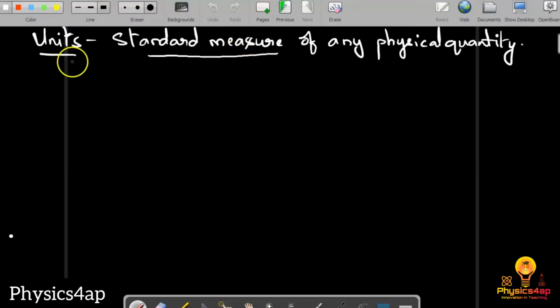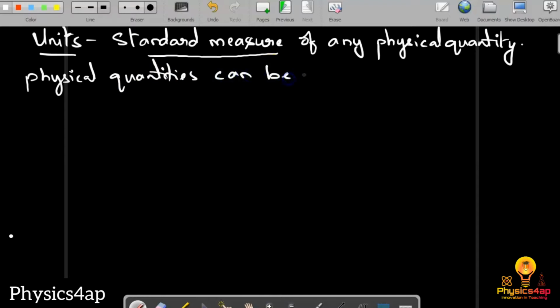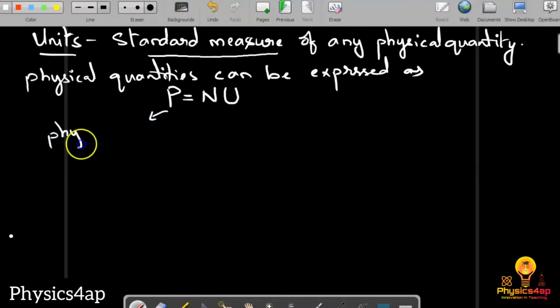Now the measurement of physical quantity, that is the physical quantities can be expressed in a mathematical form. అంటే ఒక మ్యాథమెటికల్ ఎక్స్ప్రెషన్ లో మనం దాన్ని రిప్రజెంట్ చేయొచ్చు. So it can be expressed as P is equals to N into U. So P means physical quantity.